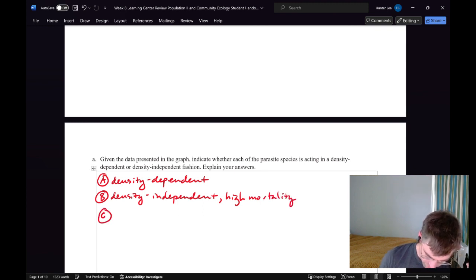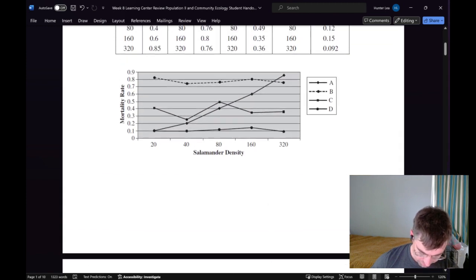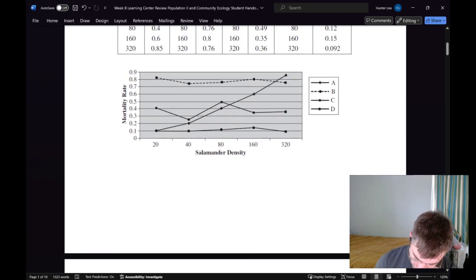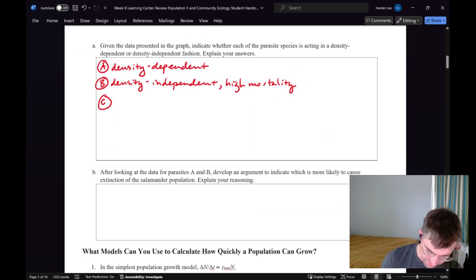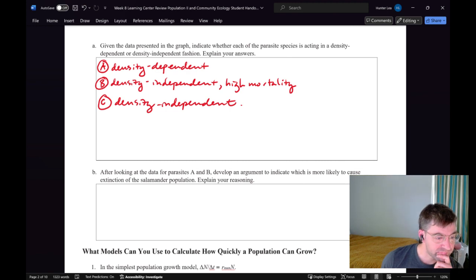High mortality. Parasite C is this one here with the boxes. A little bit more variability, but it still seems to have basically a flat trend regardless of what the population density is. So this one is density independent.